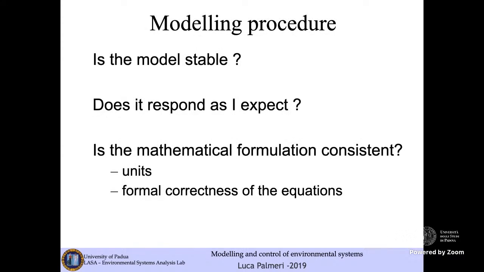Once you have your model working, you shall pose yourself some questions like, for example, is the model stable? It may happen, and this is often the case when dealing with environmental systems models, that one state variable in your model, after a certain initial transient time, starts deviating in a catastrophic and dramatic way.